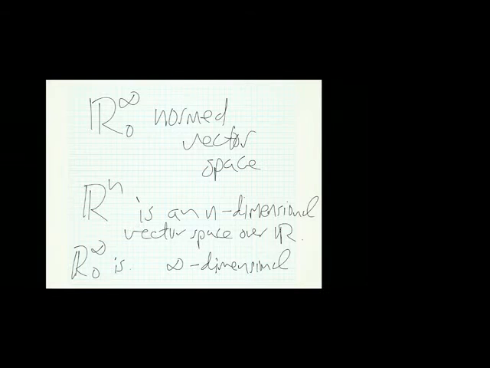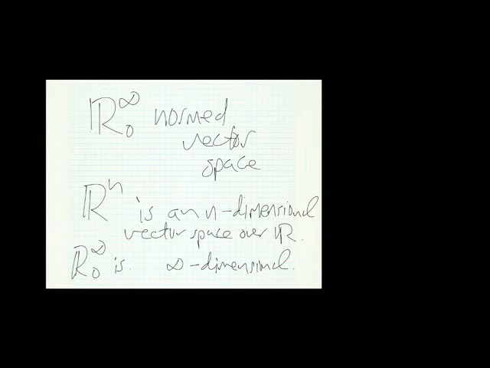Those are some concepts studied in linear algebra. It means that R infinity 0 is not spanned by finitely many vectors. We don't need to think about that too much.